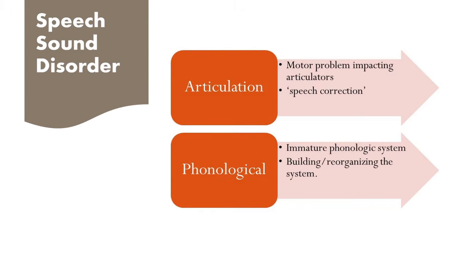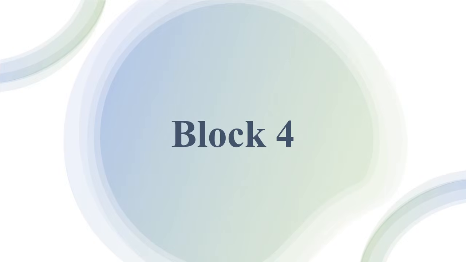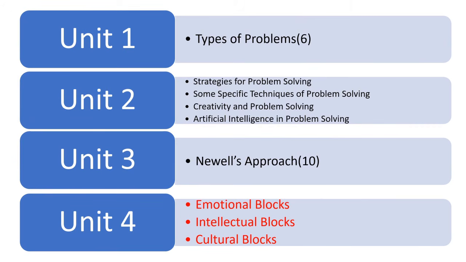Now moving on to block 4. Here also we need to look into 4 units. From unit 1 we need to look into types of problems, which is a 6-mark question. From unit 2 all the questions are 6 marks, but you can expect them as 3-mark as well. They are strategies for problem solving, some specific techniques of problem solving, creativity and problem solving, artificial intelligence in problem solving.